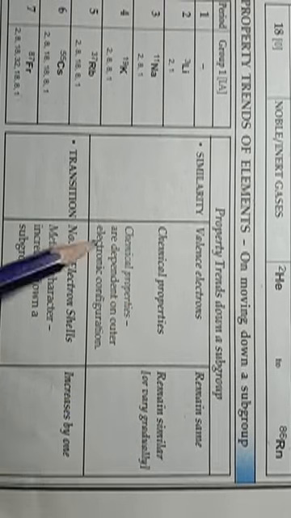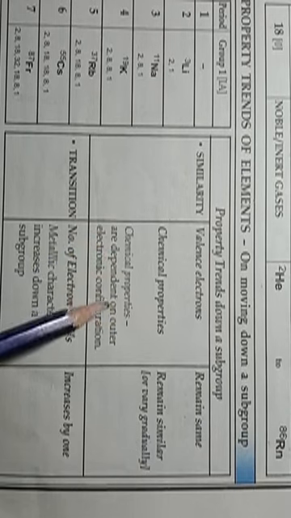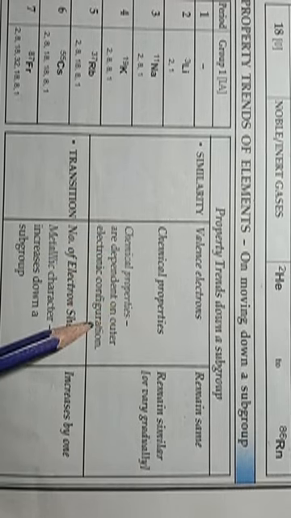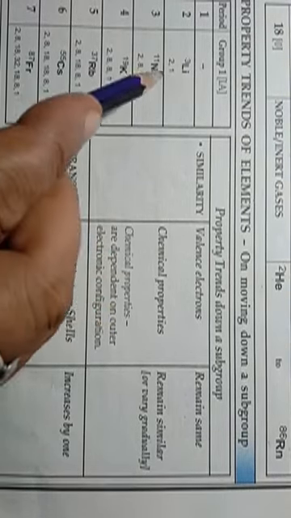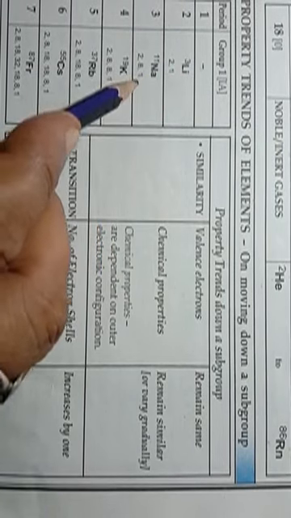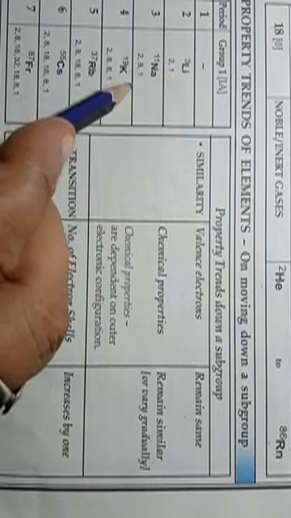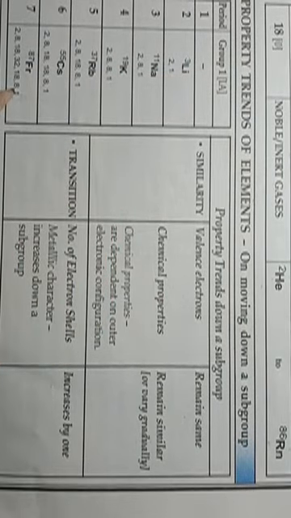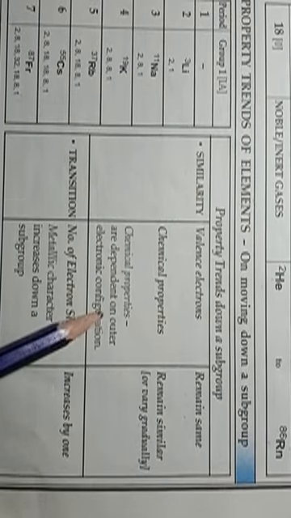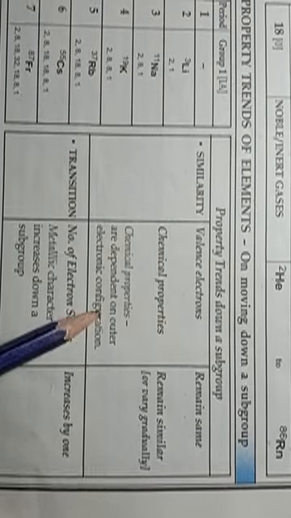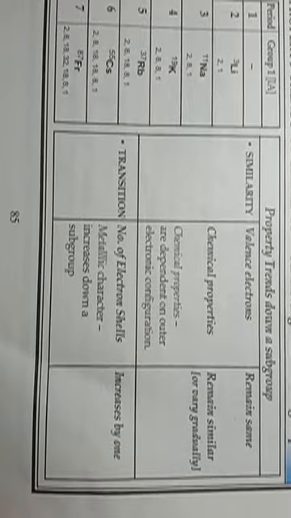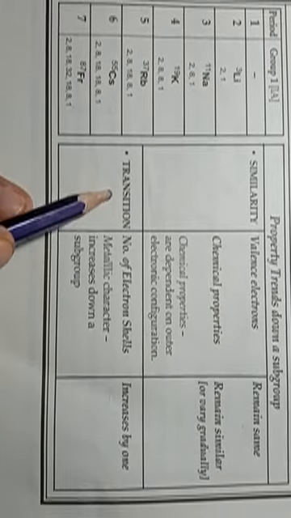Chemical properties depend on the outer electronic configuration, and because all elements of a particular group have a similar valence shell configuration, they have similar chemical properties. Then transition means changes.